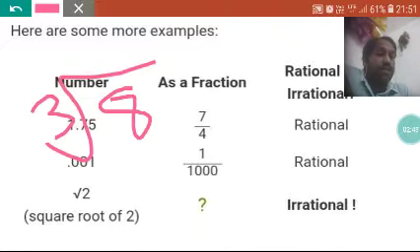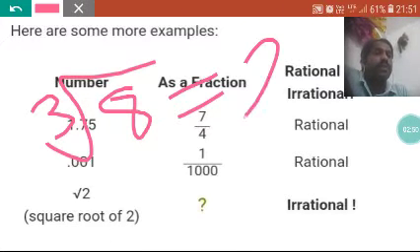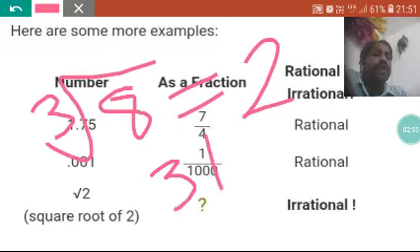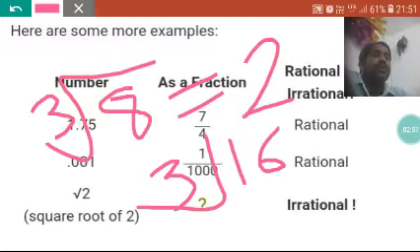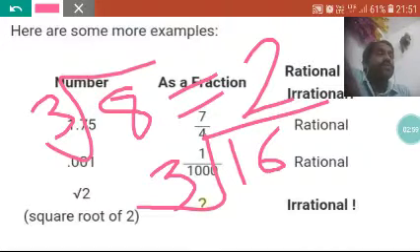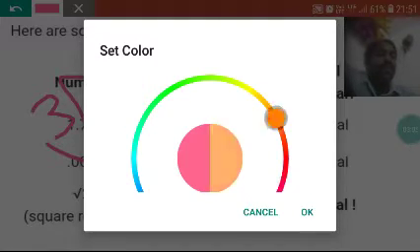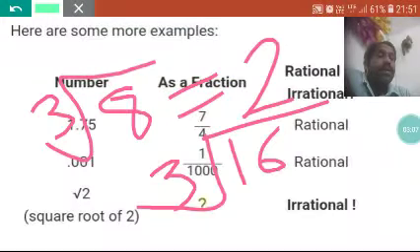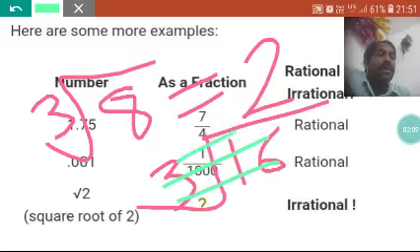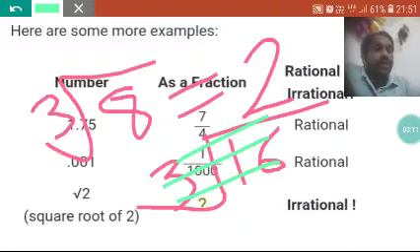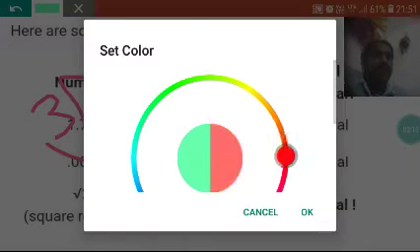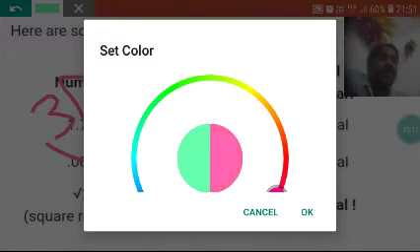Yes, this is a rational number. But if I write the cube root of 16, it is impossible to write it exactly. That is why this one is an irrational number. Correct? Very good. So we have a very clear concept now of rational and irrational.